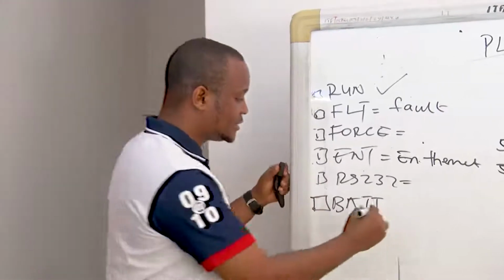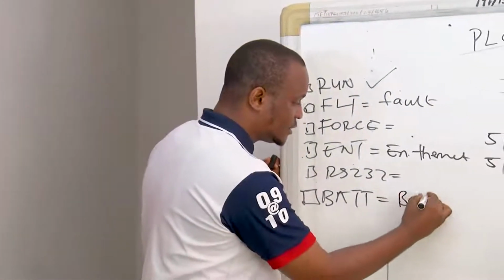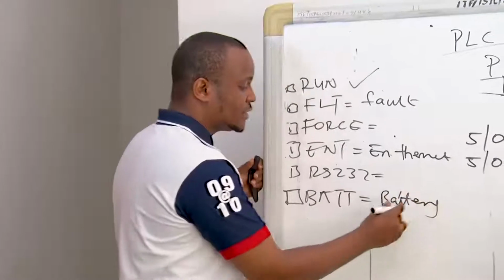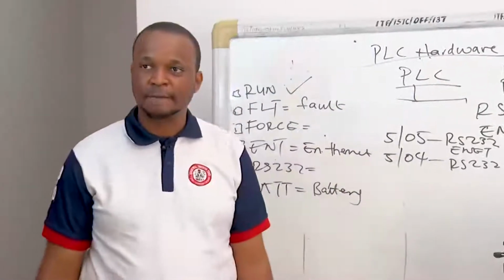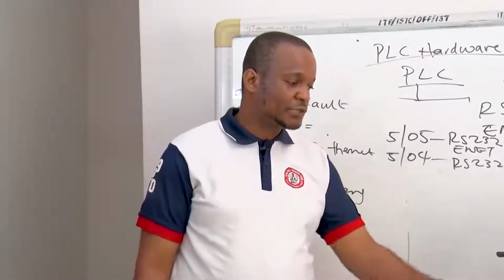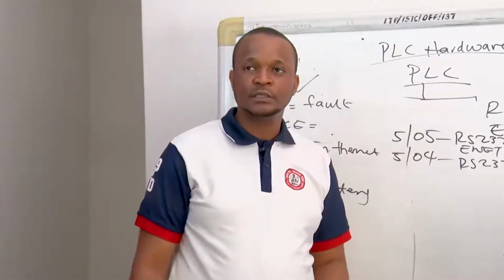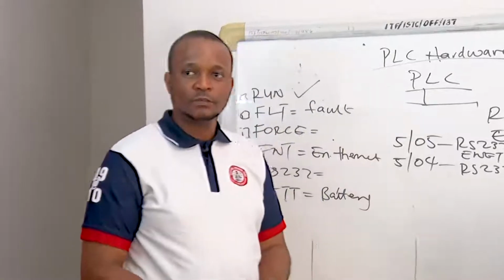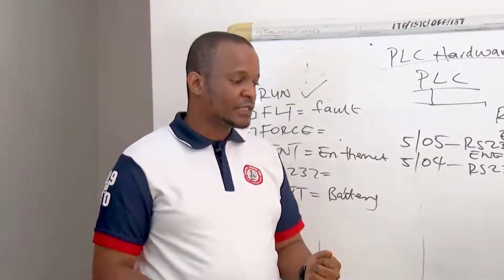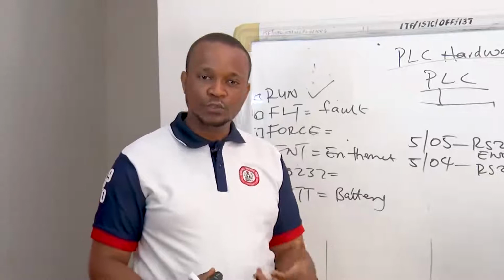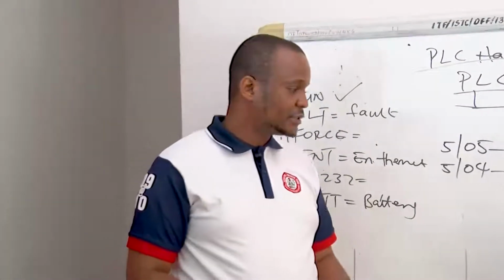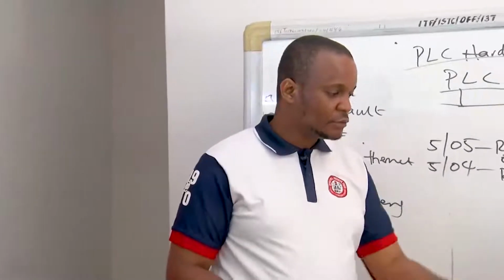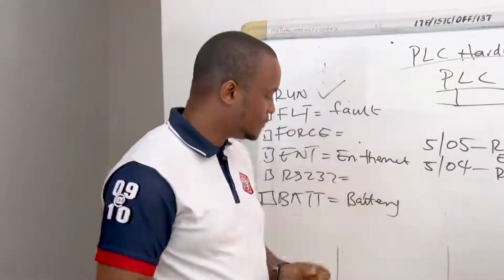And this BATT means battery. Once the battery light comes on, you know that the battery is flat. We'll talk much more about batteries when we go to the PLC architecture, because these are the things that can keep the memory on so that you don't lose data while you are operating the PLC. So that flashes to tell you that the battery is bad.